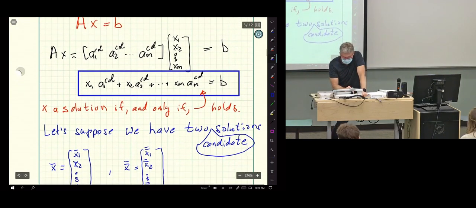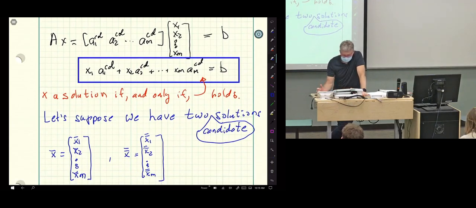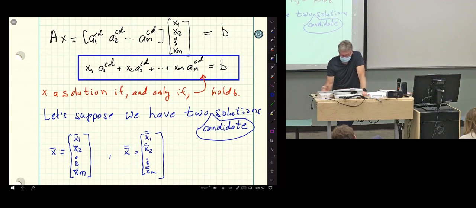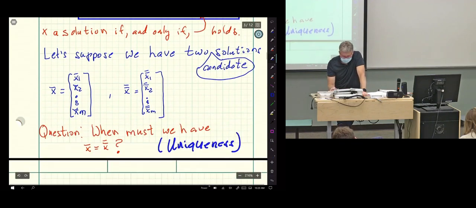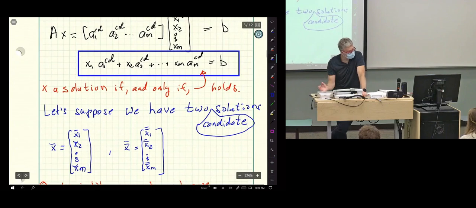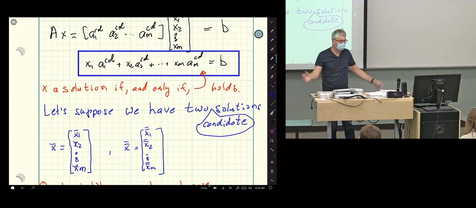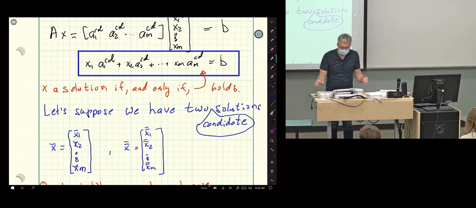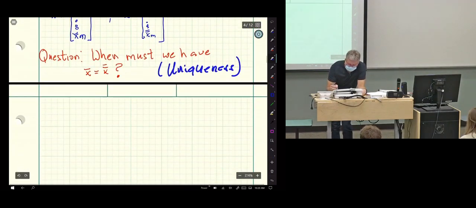So we're looking at AX equals B, and I'm looking at the columns of A, and then x1 through xm are just coefficients, and so I have a linear combination of the columns equals a vector B. Now I take two possible solutions written in the most ugly fashion I could possibly have done. We called them x bar and x double bar. I want to know when it is obligatory that those two things are equal. So I calculated one solution, Tribby calculated another. Do they have to agree? That'll be uniqueness.